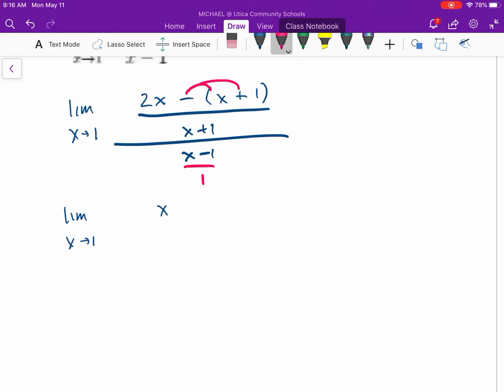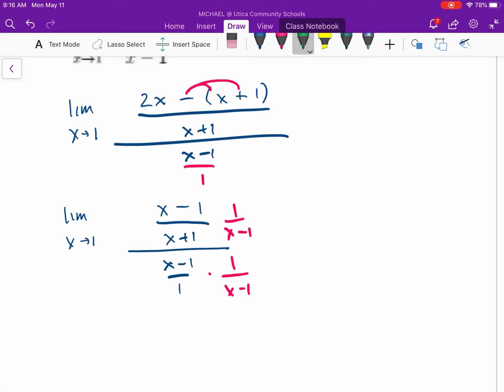And then distribute this, I end up with minus 1 over x plus 1 all over x minus 1 over 1. So I've got a fraction over a fraction, which means I'm going to multiply by the reciprocal, 1 over x minus 1.